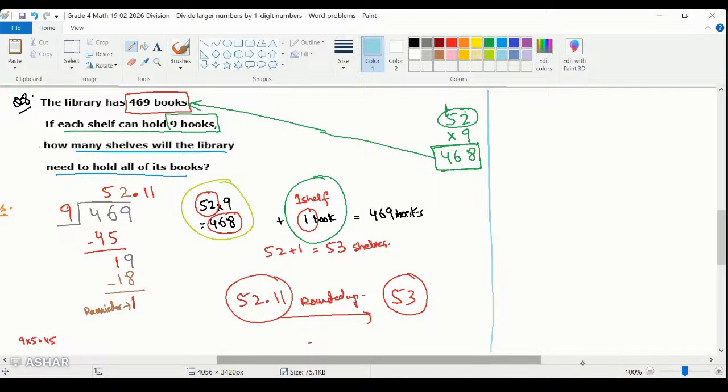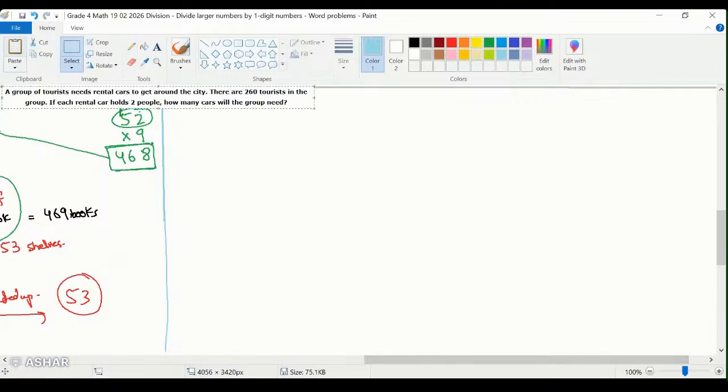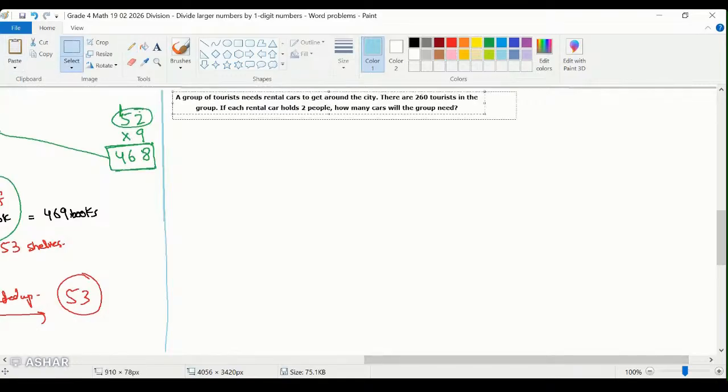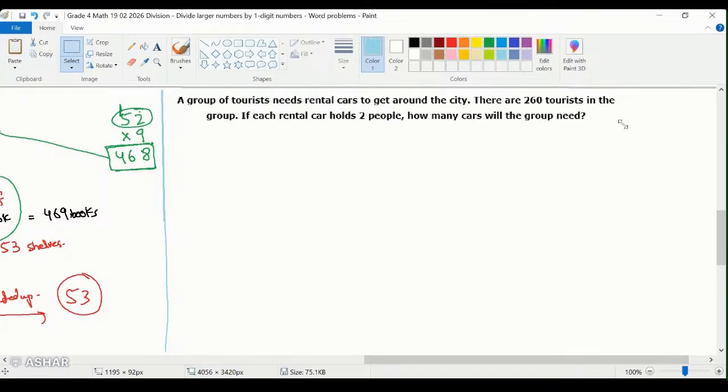Okay, for this question, let's do this question, and I will try to change some values for the same question. Okay, just a moment, please. Let me realign this.